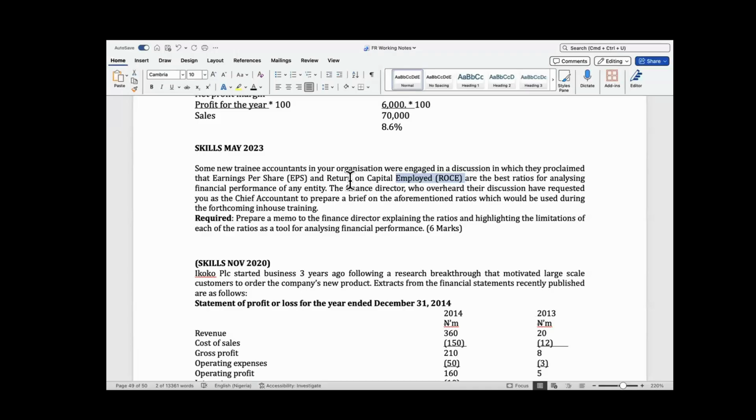Also, it can be manipulated, because some entities might want to achieve a good ROCE in the short term, so they will not do a lot of investments. They will have a small denominator, just so that their ROCE is okay. So quite a number of limitations relate to these ratios.